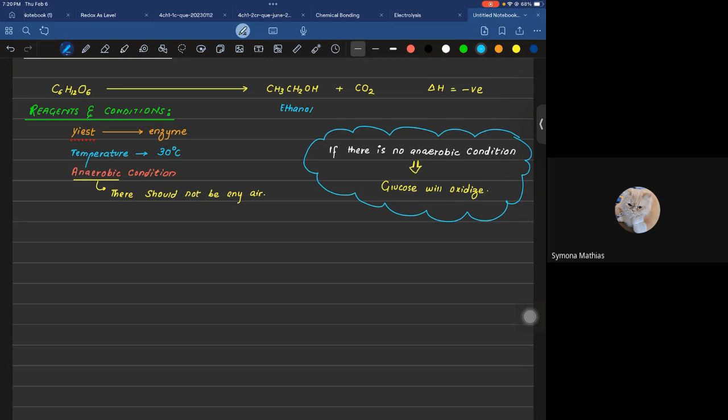So to prevent oxidation, anaerobic condition should be there. So there are a lot of methods to prepare alcohol. You can use any one of them. The examiner would be asking multiple methods, so you can tell, okay?